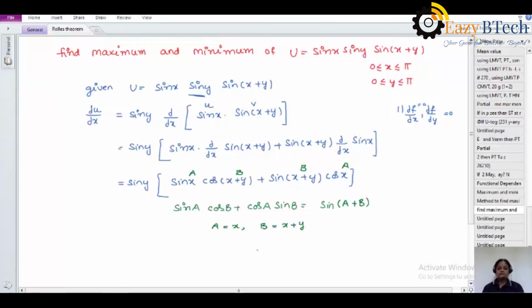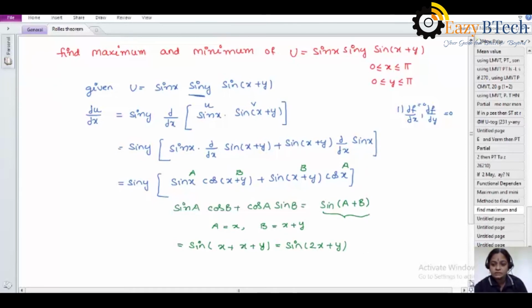So what is the related formula here? The related formula is sin(a+b), that means sin(x+y). Then sin of 2x plus y is the value of this total term.